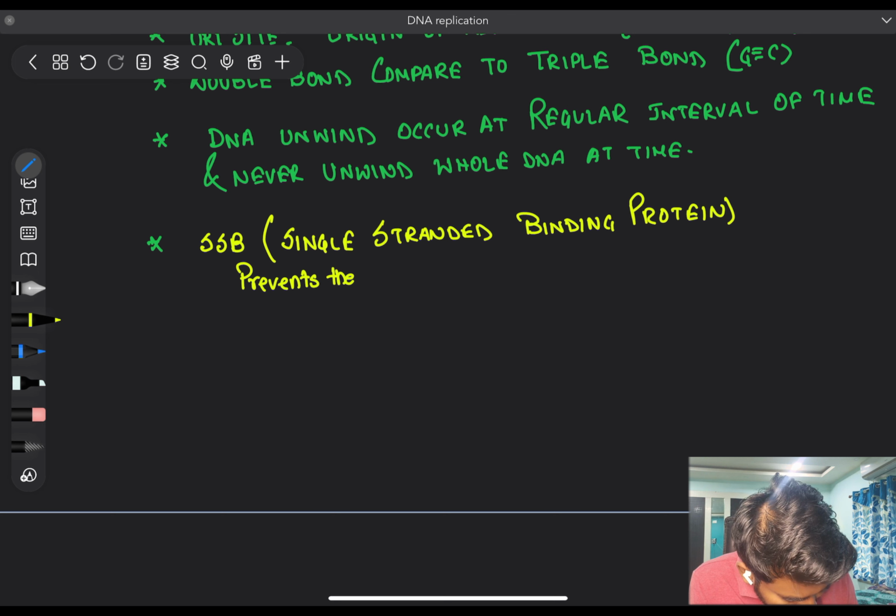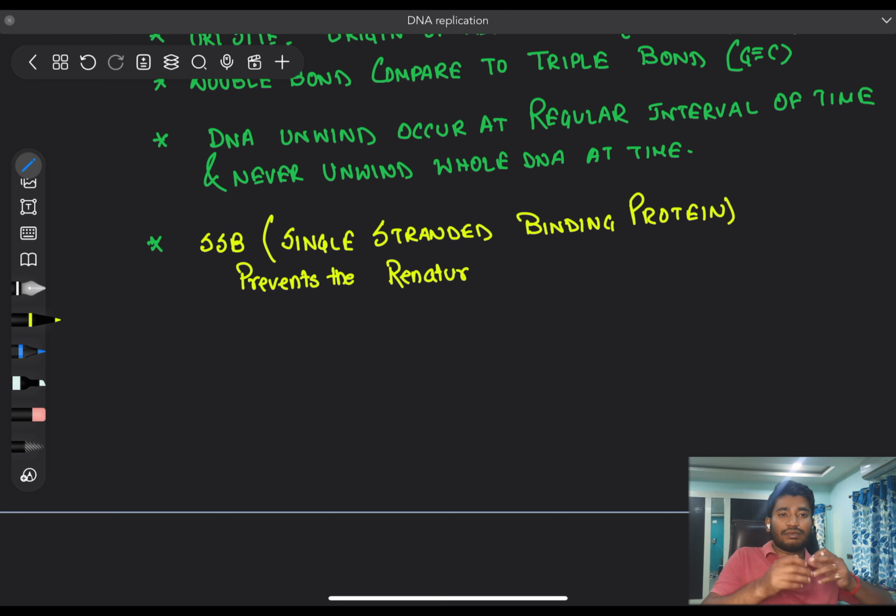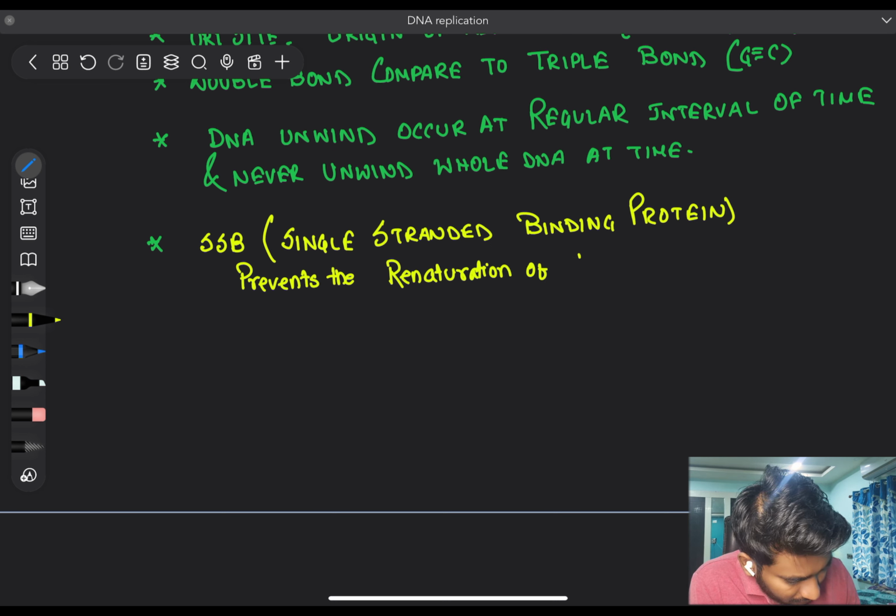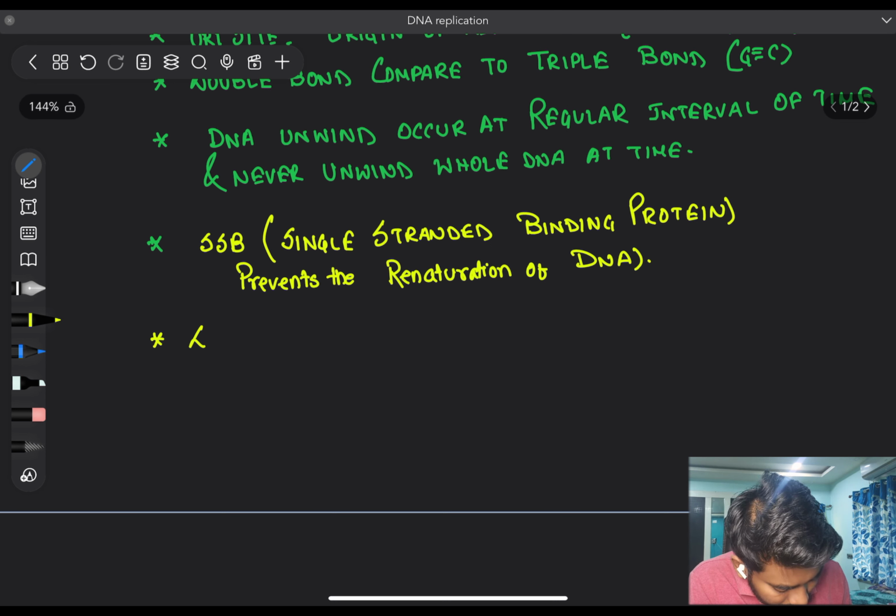Denaturation means breaking of the DNA, and renaturation means the joining of the DNA back.